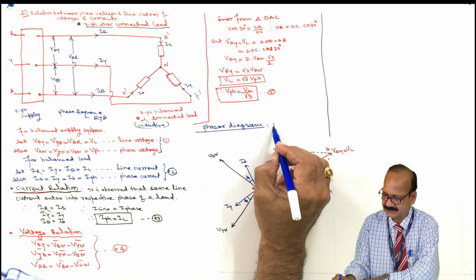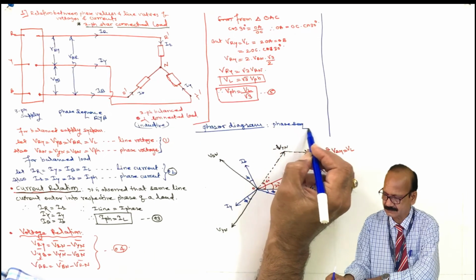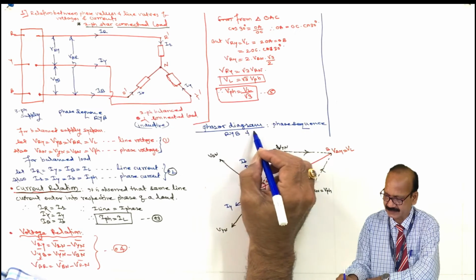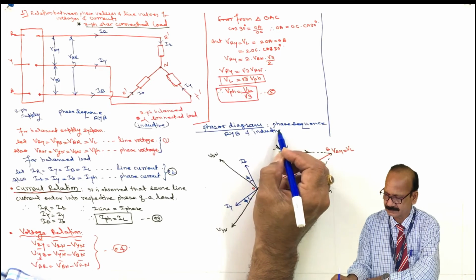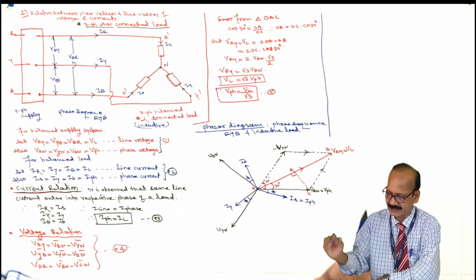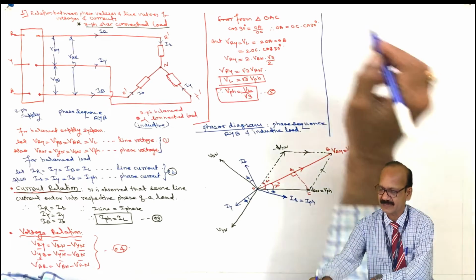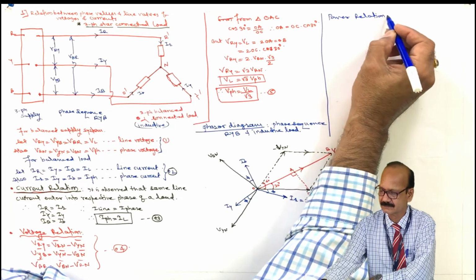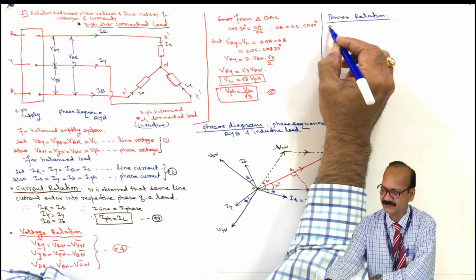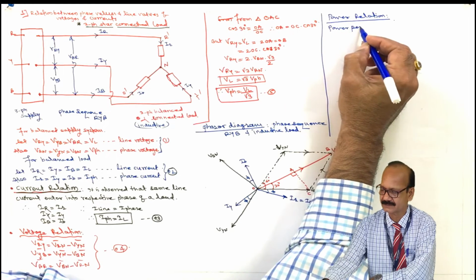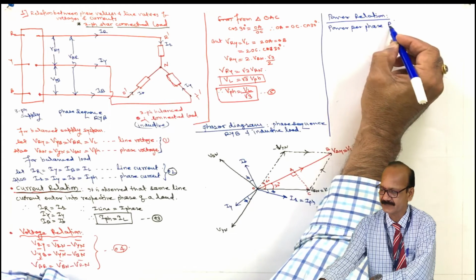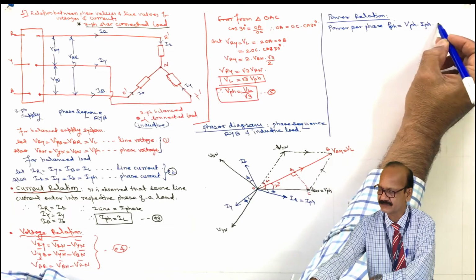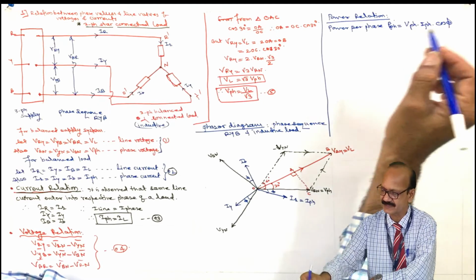Phasor diagram, phase sequence RYB and inductive load. Now here, power relations. Now power per phase, PPH equal to Phi PH IPH into cosine of angle between them, cos phi.